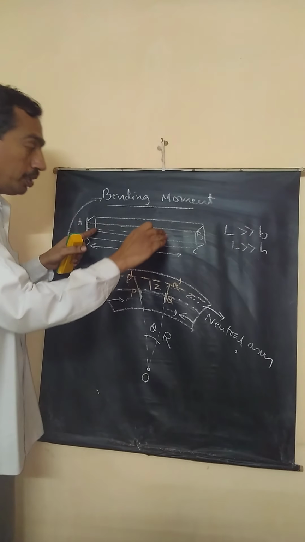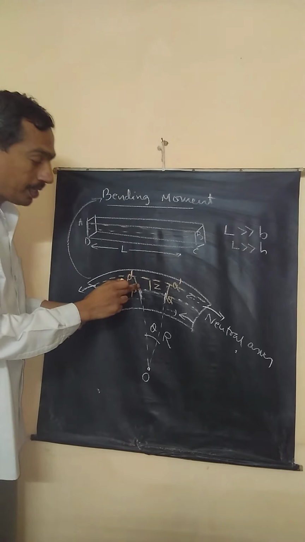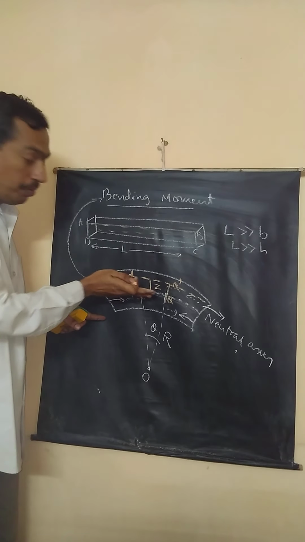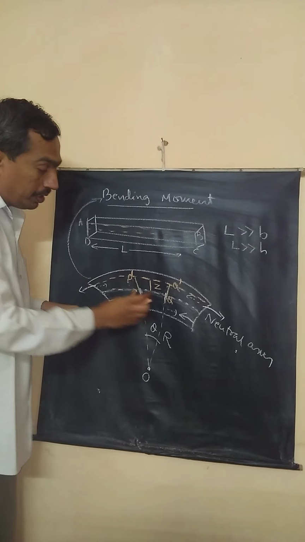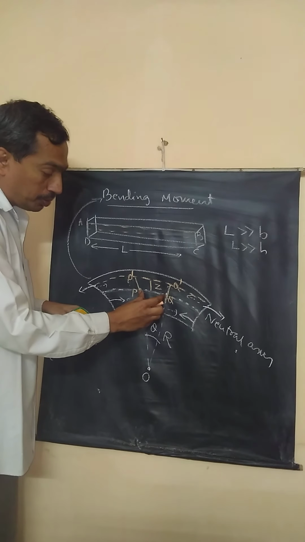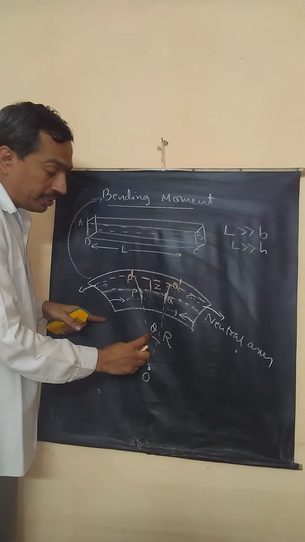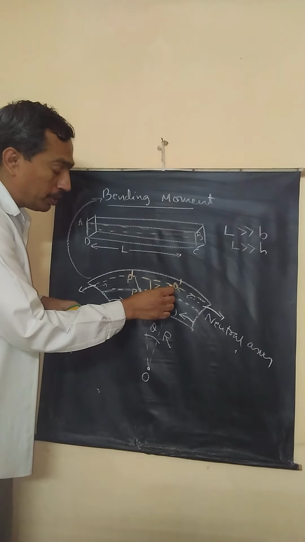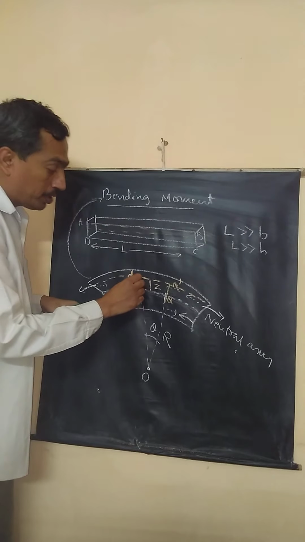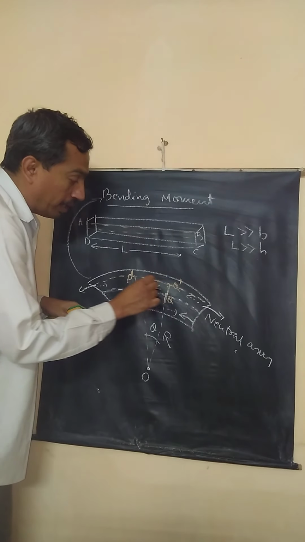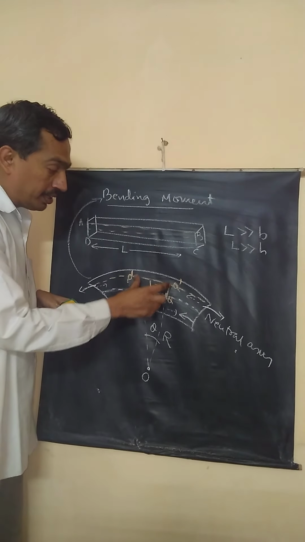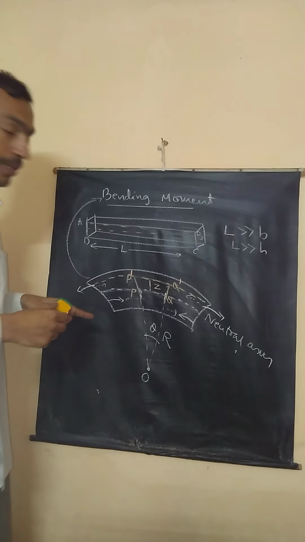But now, due to the application of the stress, this neutral axis is not deformed. I am considering a small length on the neutral axis PQ subtending an angle theta. Now if you take another section P prime Q prime at a distance z, this is its new length. Now the difference of this length and this length is called strain.